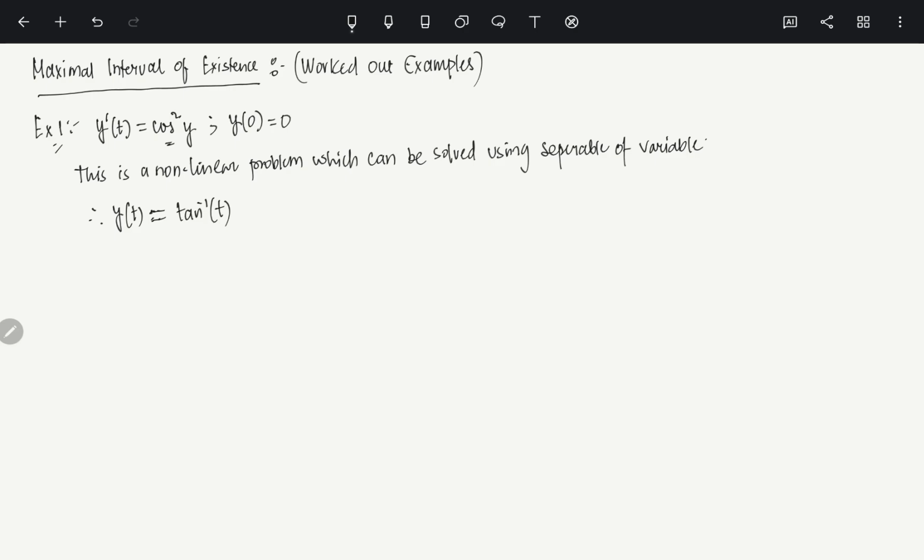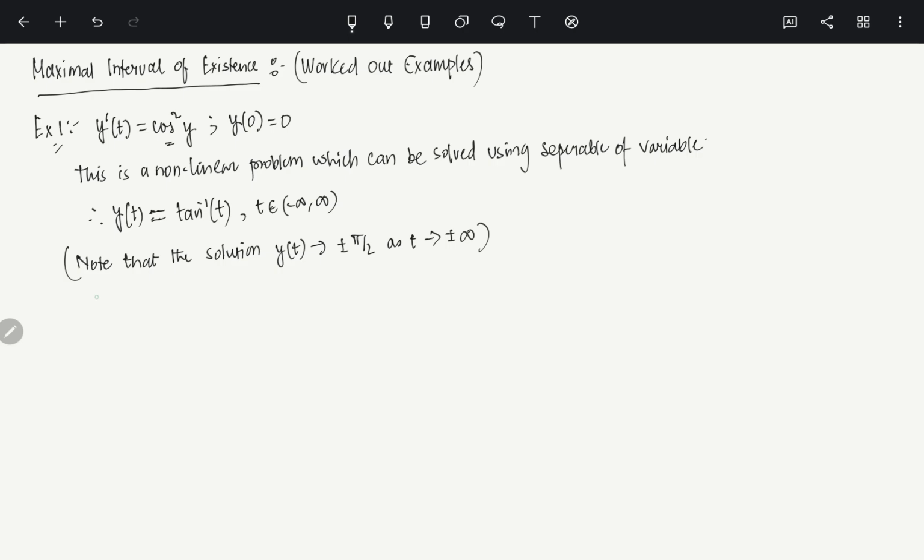But by solving that, we saw that y(t) equals tan inverse of t, and for any t between minus infinity and infinity, this is defined, right? Note that the solution y of t converges to plus minus pi by 2 as t converges to plus minus infinity, and in the middle everywhere it is defined.